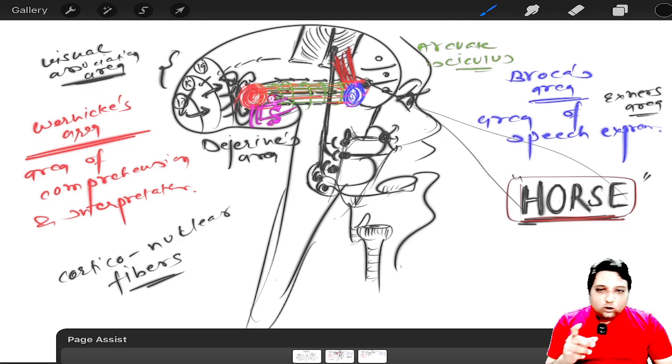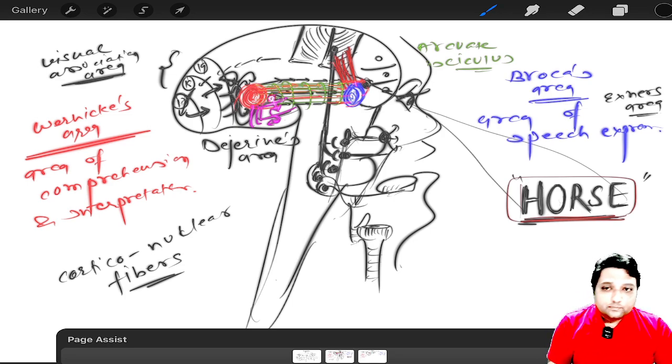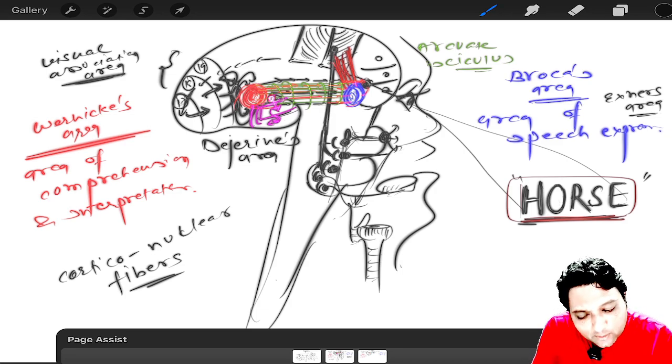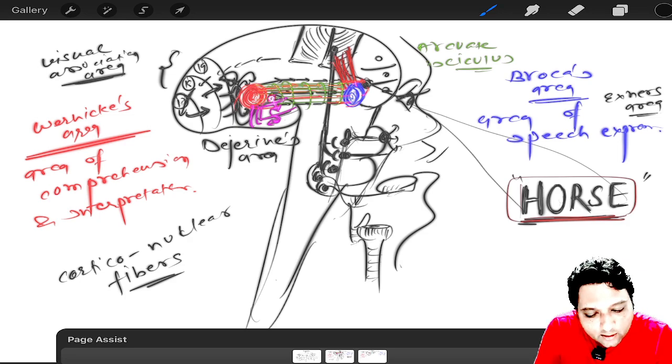These corticonuclear fibers control motor nuclei which are responsible for the production of speech. After receiving information from Wernicke's area, Broca's area gives signal to the neurons responsible for the production of speech.